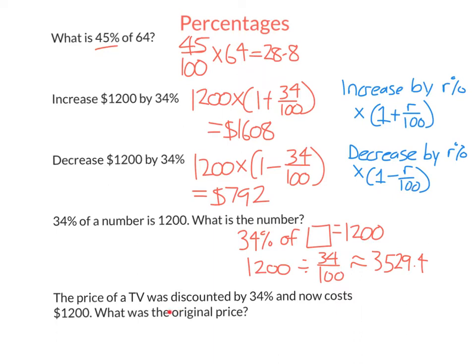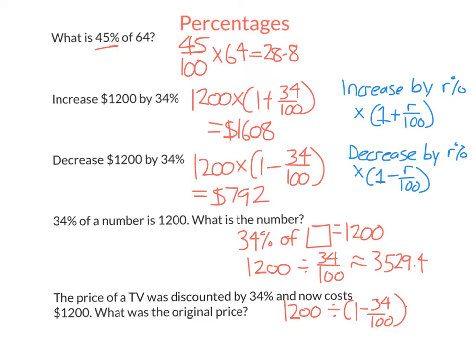But because we're finding the original amount, we divide. So this is 1200 divided by 1 minus 34 over 100, or in other words, 1200 divided by 66%. Because if we've taken 34% off the original price, 1200 represents 66% of the original price.